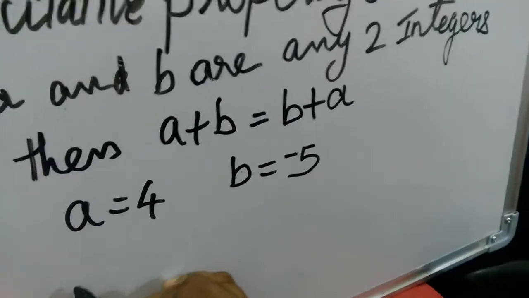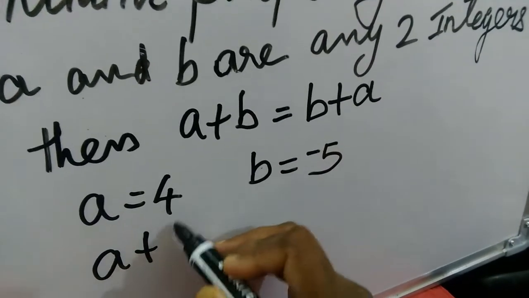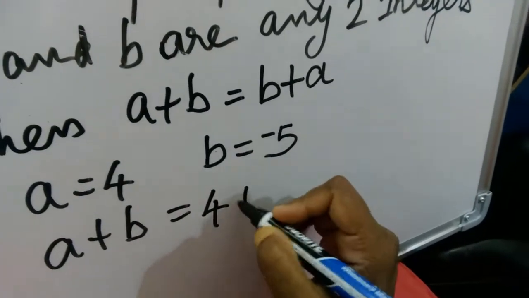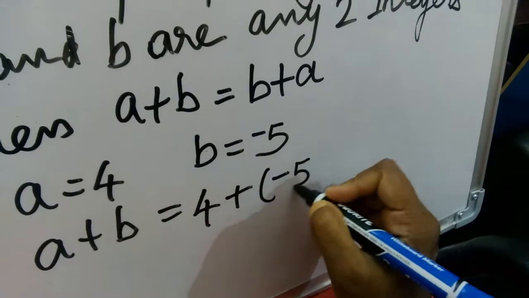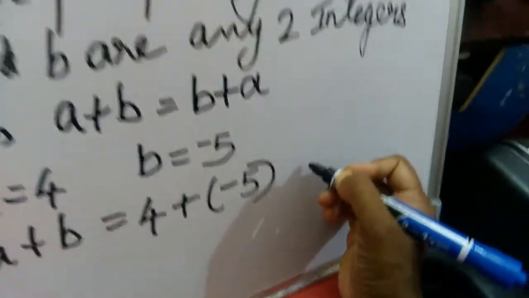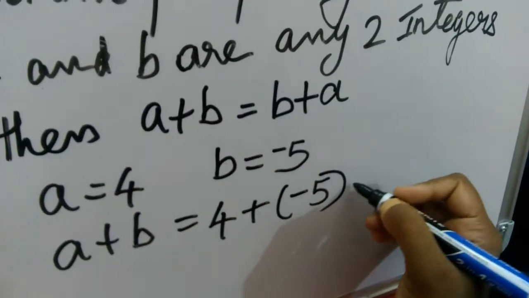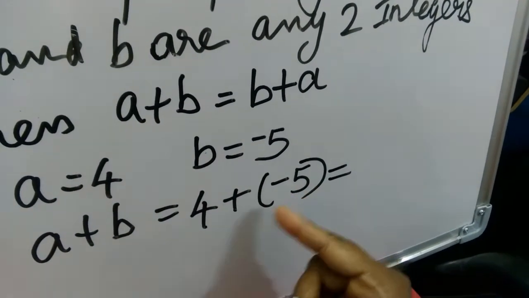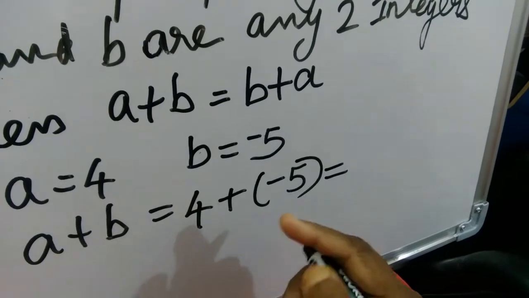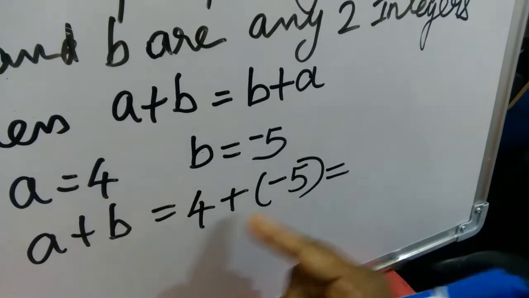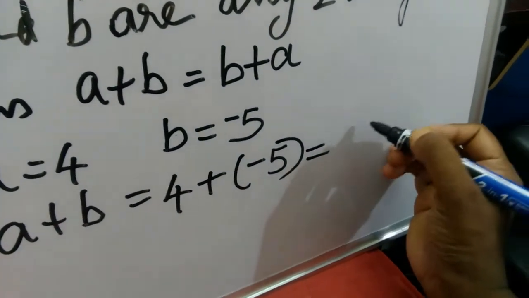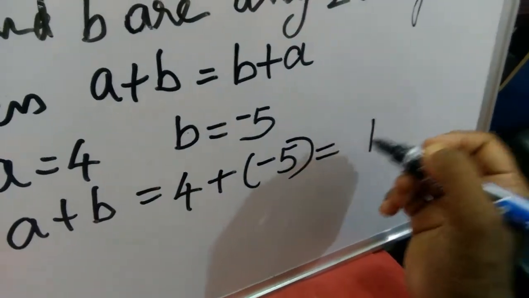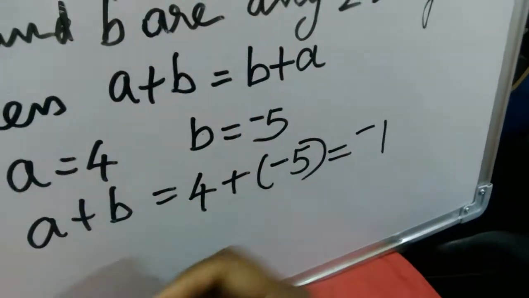Now, a plus b equal to 4 plus minus 5. Here one is positive, the other is negative. How can we add? We can subtract the numbers. 5 minus 4, we will get 1, and the sign of the bigger number without seeing the sign, that is minus.